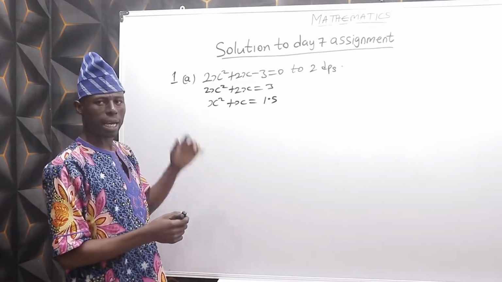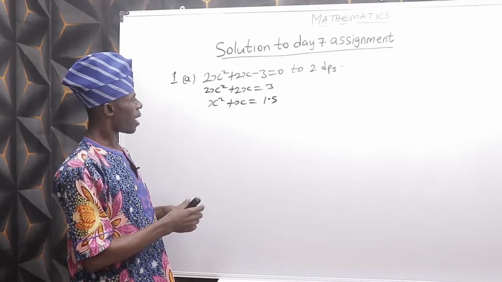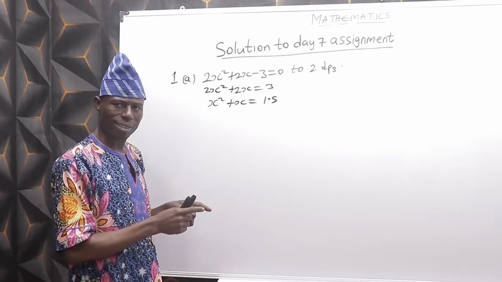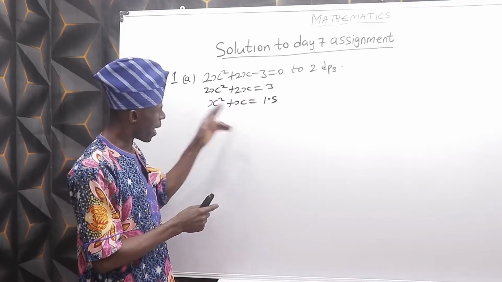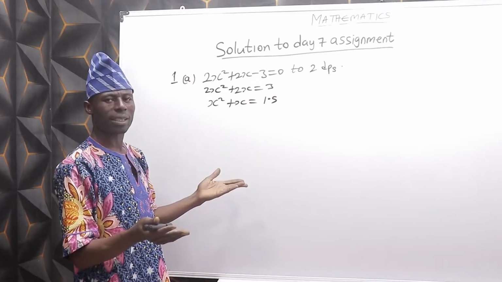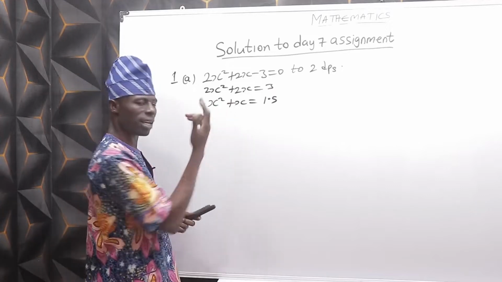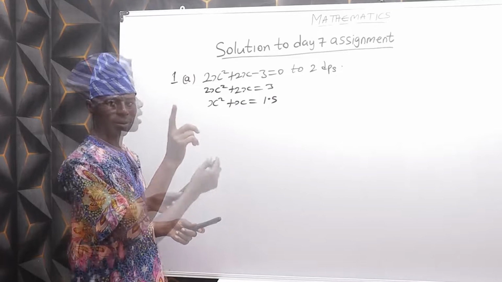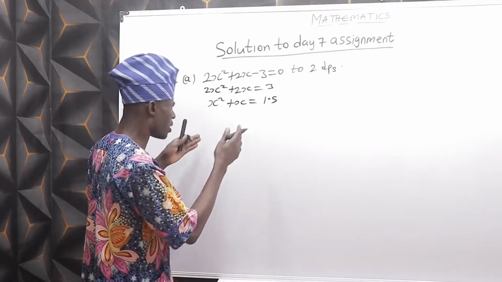The last step there is add the square of the half of the coefficient of x at this level to both sides. What is the coefficient of x at this level? 1. Half of 1 is half. The square of that half we add to both sides.